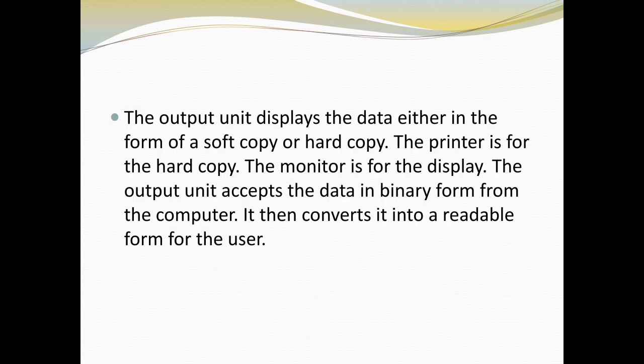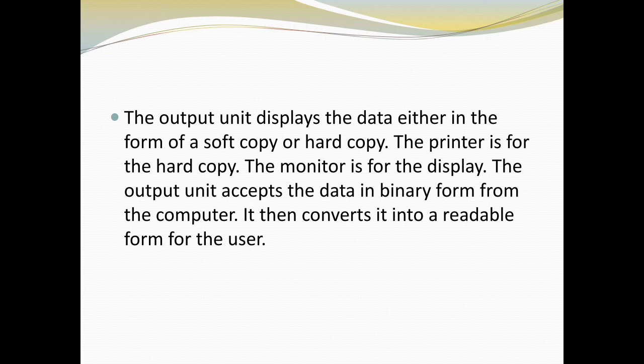The output unit displays the data either in the form of soft copy or hard copy. Soft copy means on the monitor, hard copy is on paper. The printer is for hard copy, the monitor is for display. The output unit accepts the data in binary form from the computer, then converts it into readable form for the user.